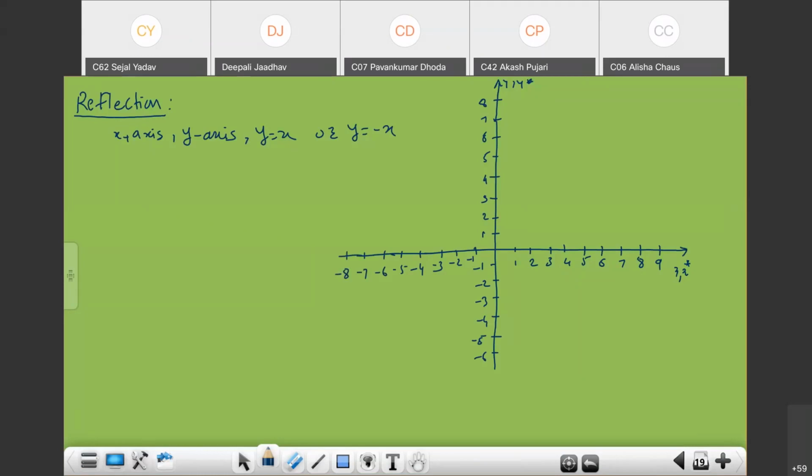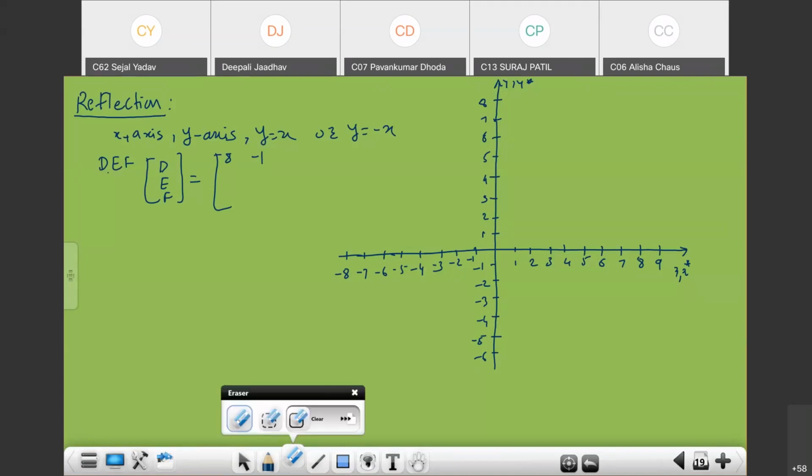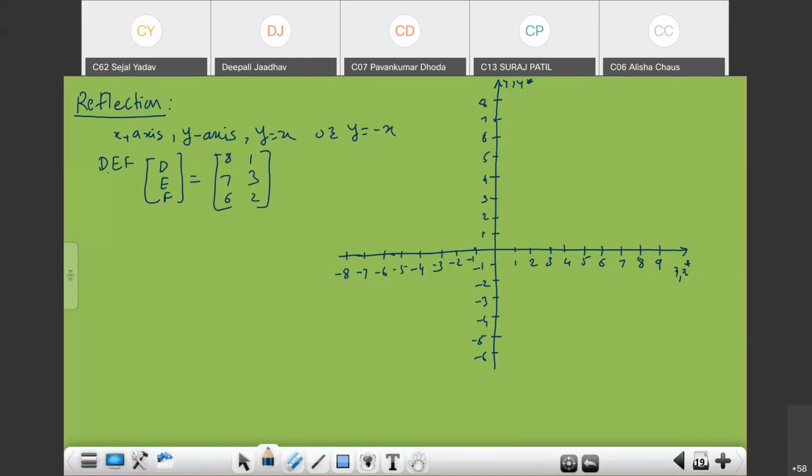So here I consider a triangle DEF. I write here the values of the coordinates x1 y1, x2 y2 and x3 y3 as 8 1, 7 3, 6 2.